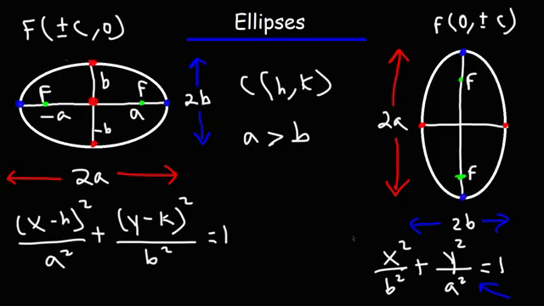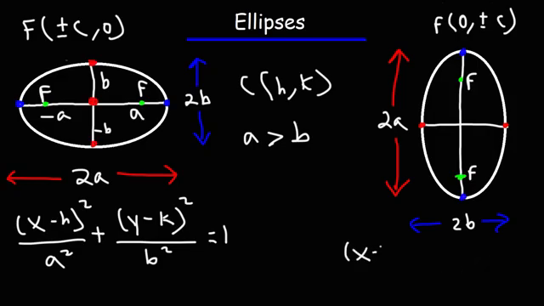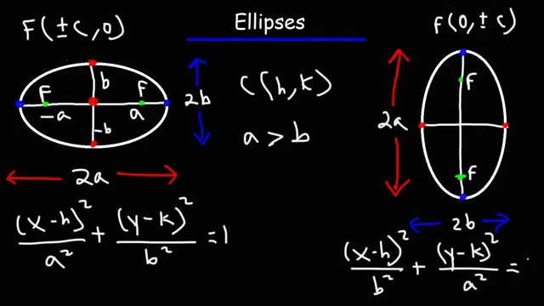And the same is true for this equation. Everything will be the same, but we're going to replace x with x minus h, squared, and this will be over b squared. And then we're going to replace y with y minus k, squared, and this will be over a squared.